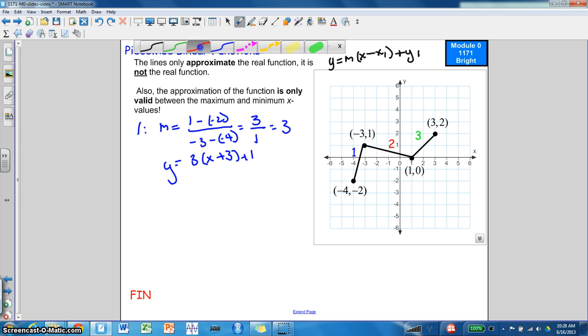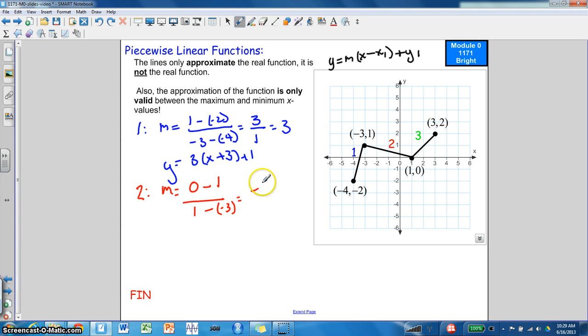Now for the second equation, the equation for the second line segment, we determine the slope first, as we did with the other one. So we start with the second point, or whichever one you want, as long as you're consistent. The y value of 0 minus the y value of 1, over the x value of 1, of course I have to start at the same place, minus a -3.